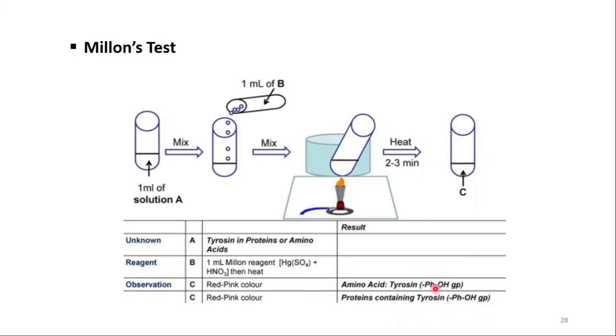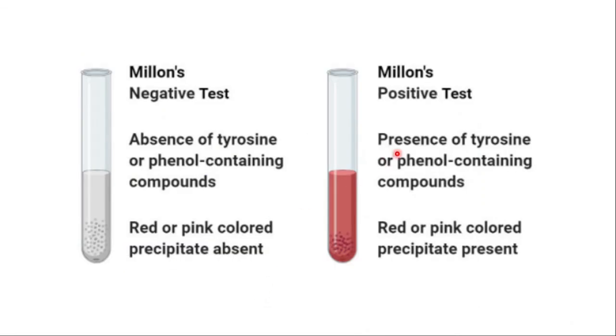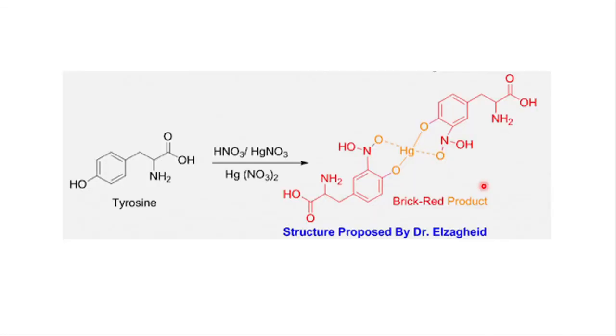Note this: it is answered by the amino acid tyrosine or the proteins which have tyrosine in the molecule. In both these cases you will get a red pink color. You can see the Millon's positive test, presence of tyrosine. You can see the reaction here.